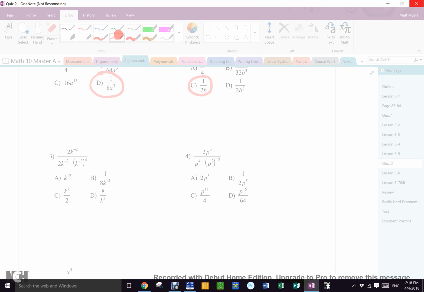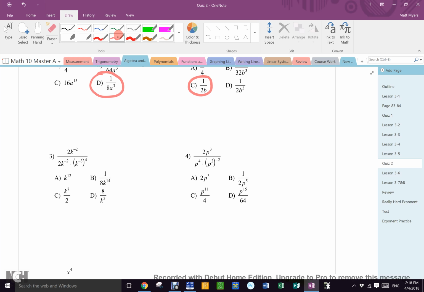Does anybody need to see why? You want to see that one? Yep, no problem. So, on the top, we got 2k to the negative 2. And on the bottom, we got 2. And then this is going to be negative 12, right? 4 times negative 3, right? And then negative 2 plus negative 12 is k to the negative 14, right?